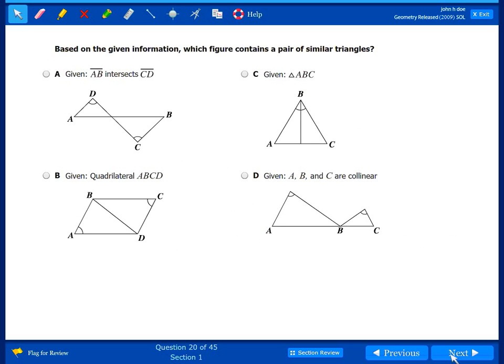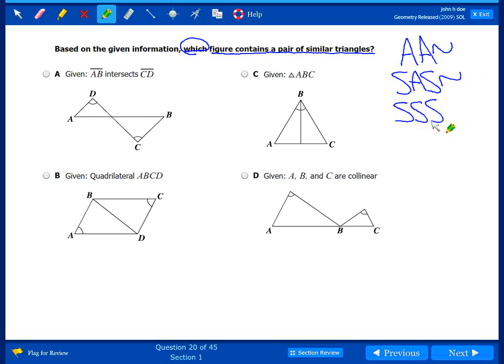So moving on to question 20, it says based on the given information, which figure, so there's our keyword which, figure contains a pair of similar triangles. So there's a number of different ways we can prove triangles similar. We had angle-angle similarity, side angle side similarity, and side side side similarity.